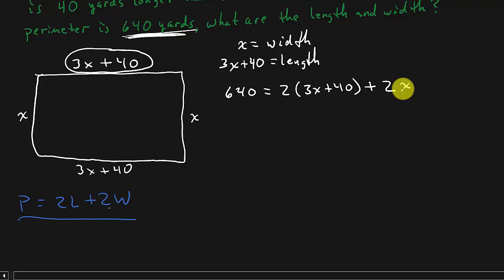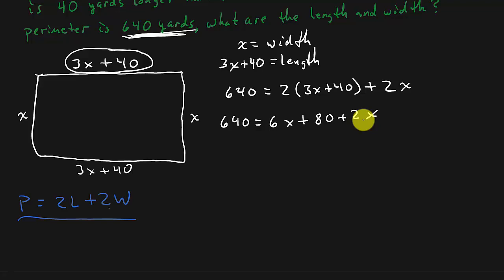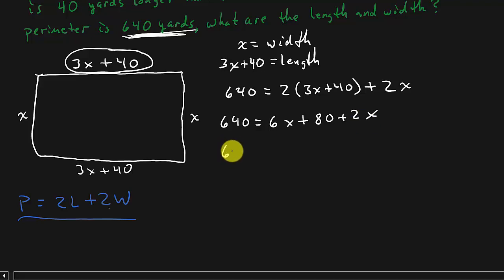And now you just have a simple equation to solve. Solve it for x. So that's 640 equals 6x plus 80 plus 2x. And then remember, before you start adding and subtracting to both sides, combine like terms. So I've got 640 is equal to 8x plus 80.